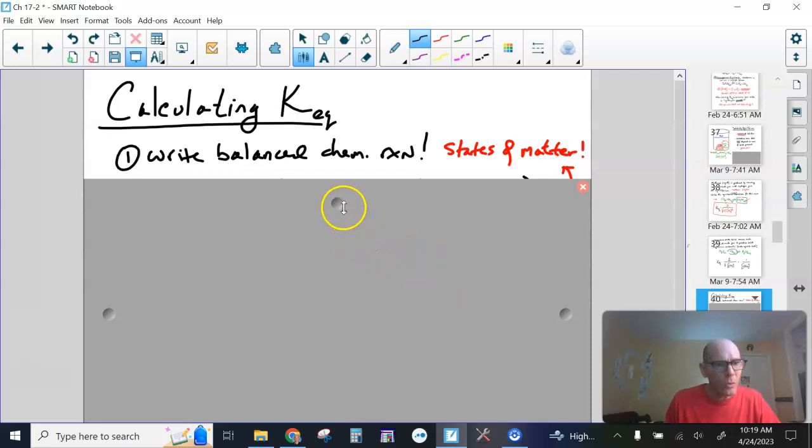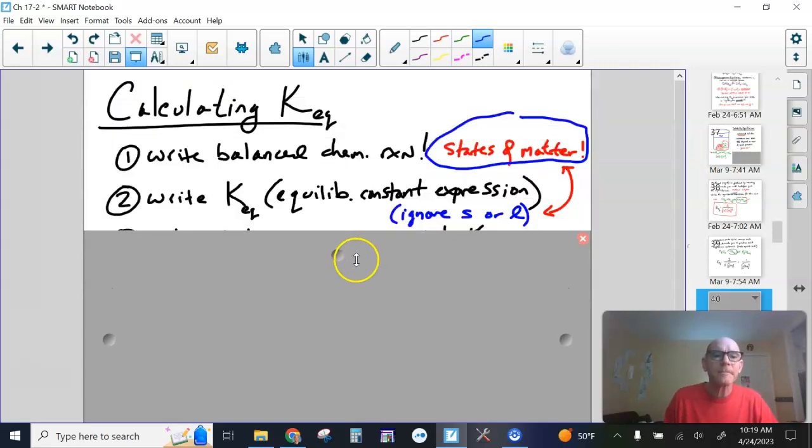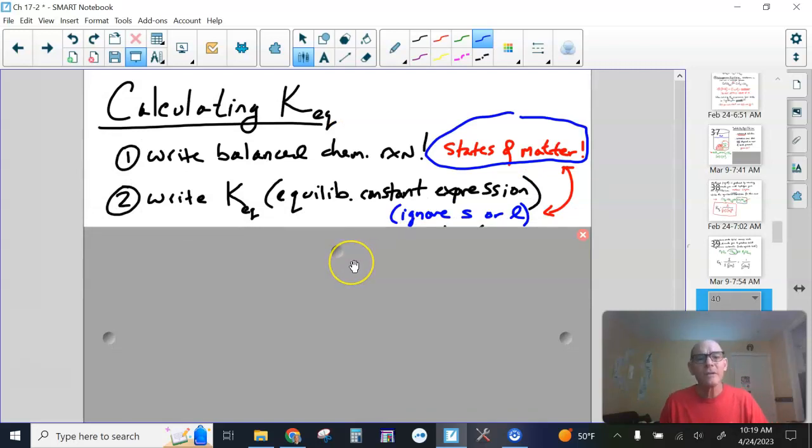So the first thing you always do is write a balanced chemical equation. And it's particularly important now to write down states of matter because we're going to be actively ignoring solids and liquids. So you need to know phases of matter. You need to be careful about that. The second thing is, of course, write the equilibrium constant expression. Products over reactants, coefficients as exponents.